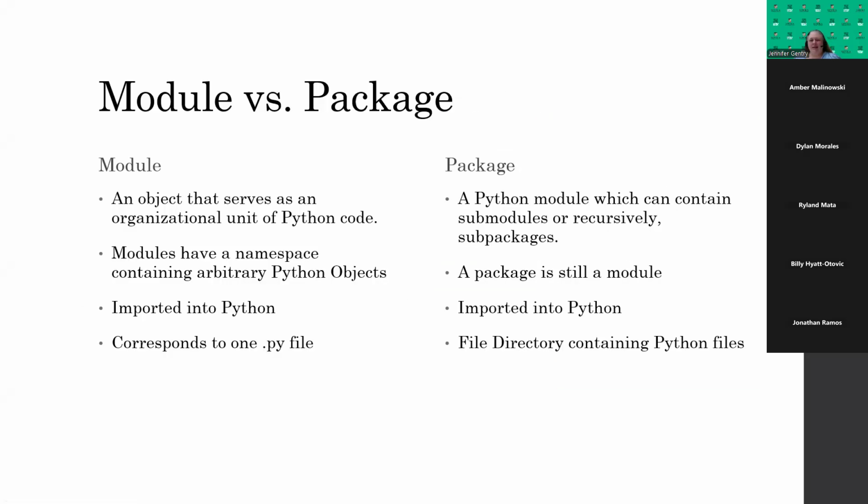Sometimes I need to not hit the mouse button when I'm trying to think. A Python package can contain submodules, subpackages. It's just a way of putting things that are alike together. Modules will have a namespace containing arbitrary Python objects. A package is still a module. It's kind of like a square is a rectangle, but is a rectangle a square, type of thing, right?